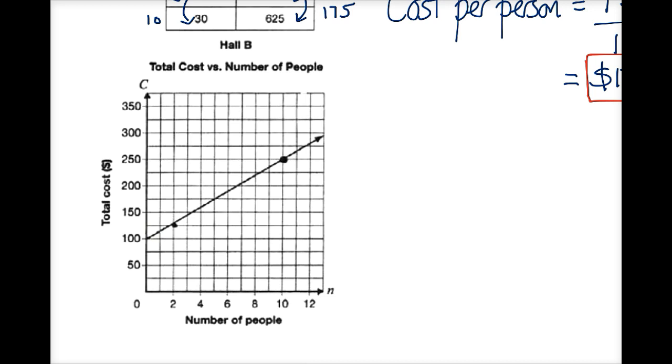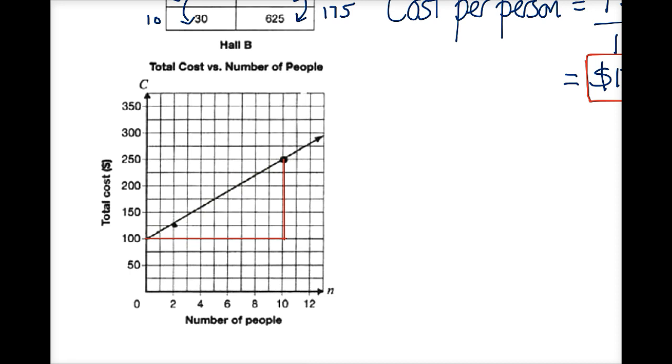So let's say I'm going to go from this data point here, which is right on $250, and then I'll connect it up to this part right here, which is at $100. So if I now take a look at this whole section of the line, it increases by $150, going from 100 to 250, which is an increase of $150 for 10 people.